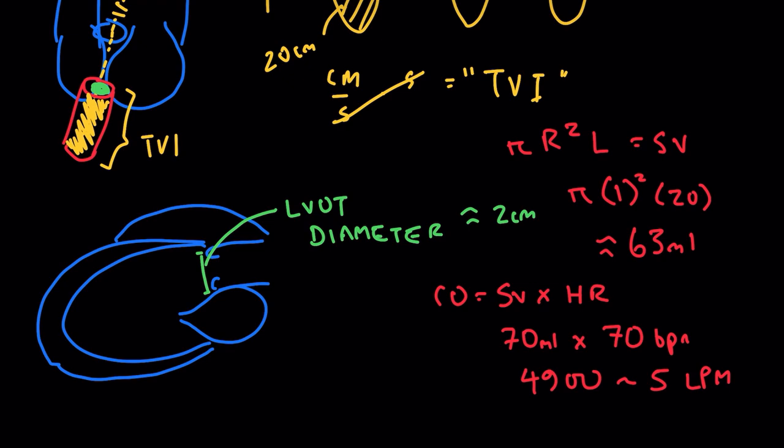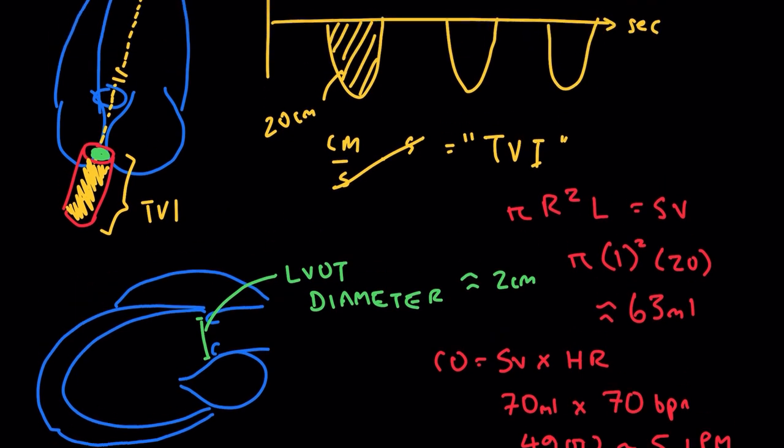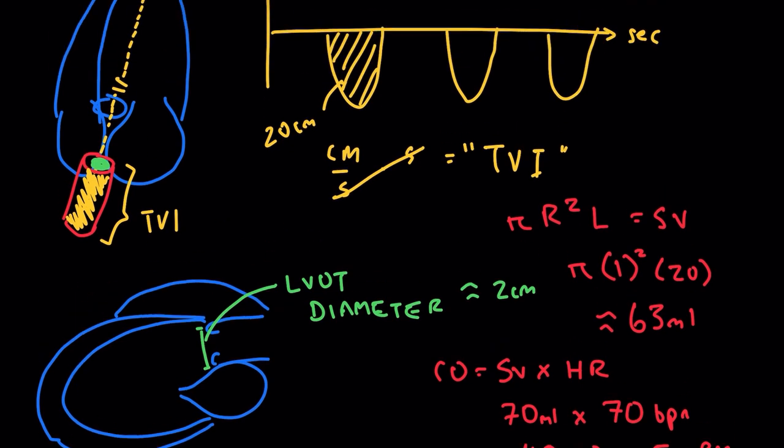Now, you may have been wondering whether we could calculate stroke volume a different way based on our previous videos. In particular, you may have been wondering, well, I thought from the apical 4 chamber, we can measure the largest volume, and we can also measure the smallest volume.